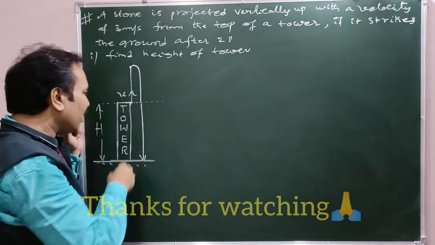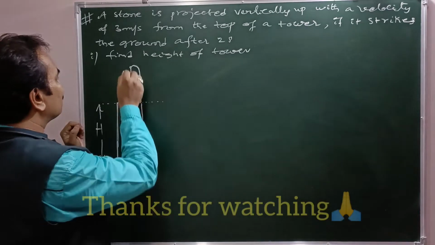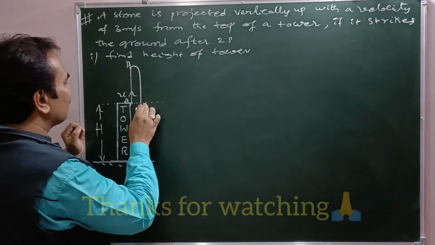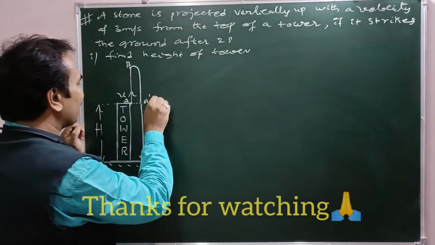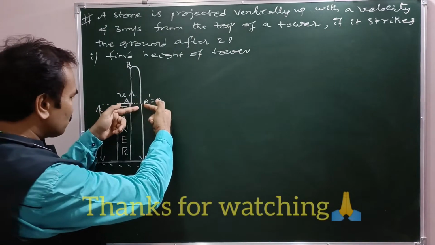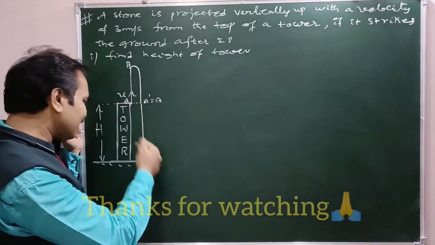So in this case, this is point A, this is point B, and here it is A dash, otherwise A dash equals A. Further, the body moves beyond the horizontal level of the point of projection and reaches the ground here.